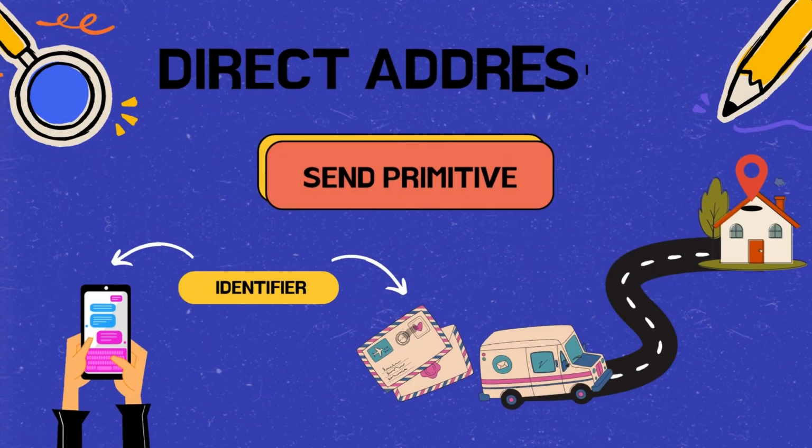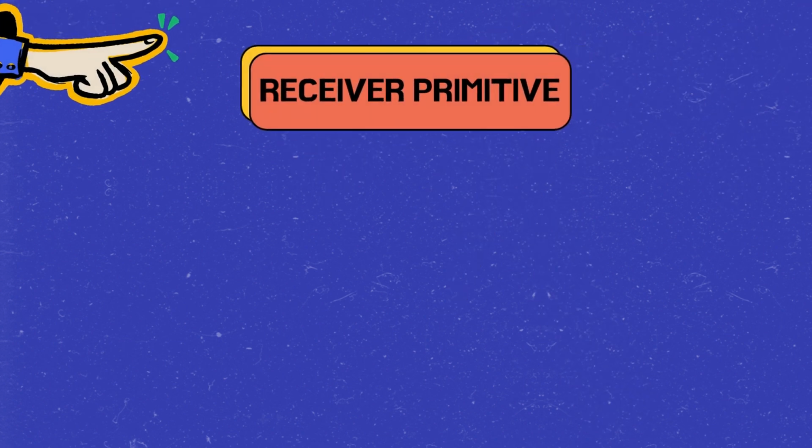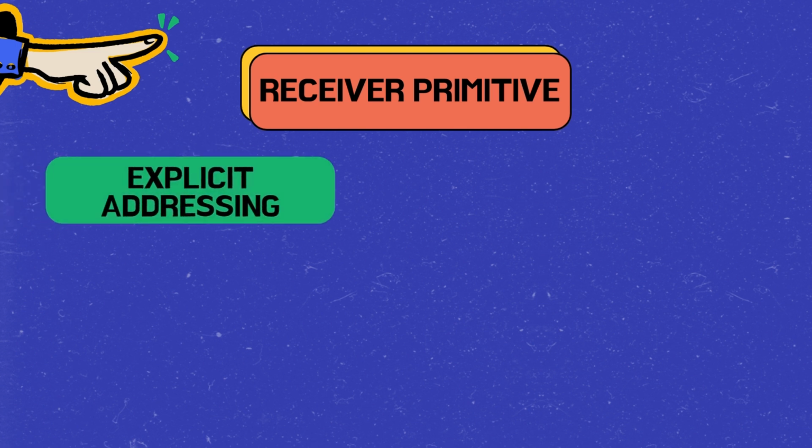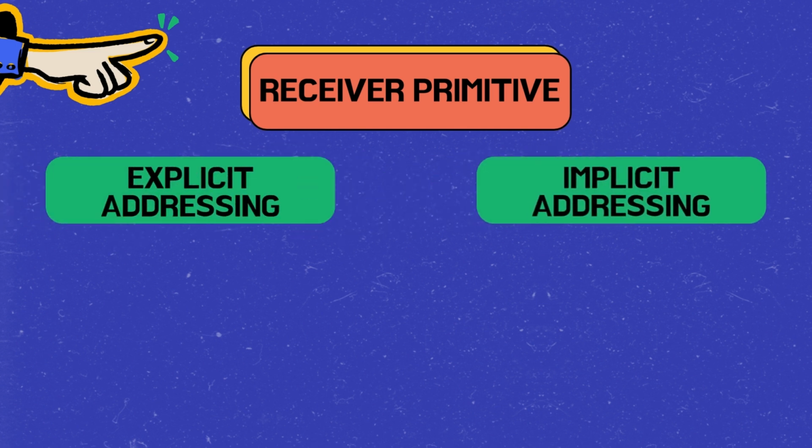Direct addressing. With direct addressing, the message itself contains the identifier of the recipient process. This identifier is like a name tag on the mail that tells the mail carrier exactly where to deliver it. Now, let's talk about the receive primitive. This can be handled in two ways: explicit addressing and implicit addressing.